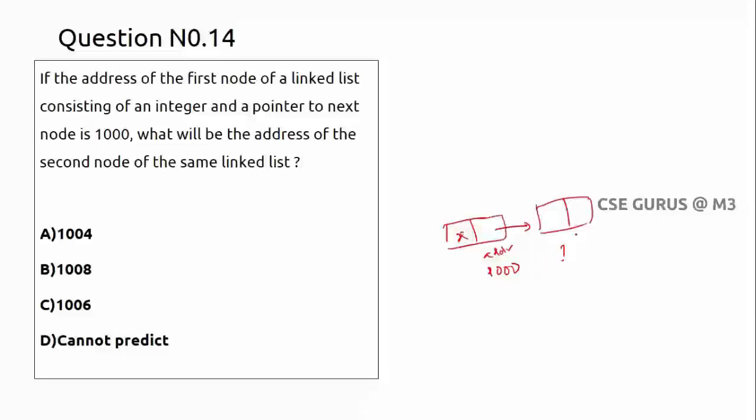So this might be 1000, somewhere you will take 1286, somewhere the next sequence will take something like 4000, 423, like this it will take. Okay, so random address, so we cannot say directly this is the address, whereas in the concept of arrays we can say. So that's why the answer is here we cannot predict, right? So we cannot say it is sequential like this, we cannot predict.